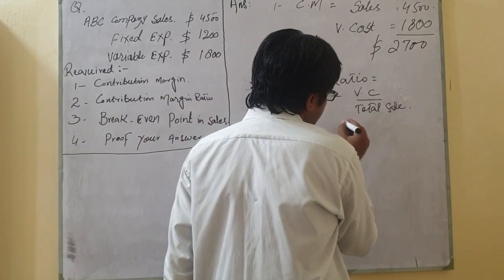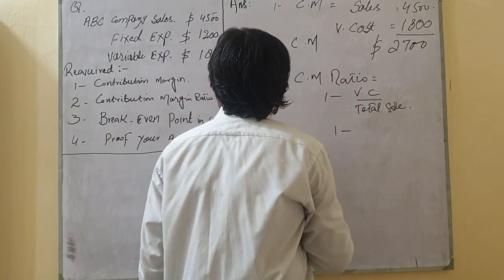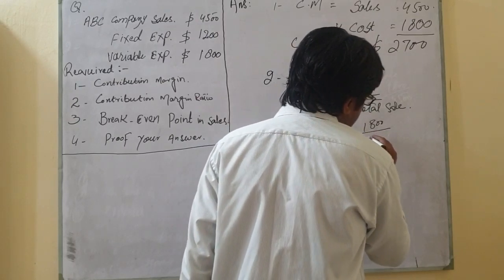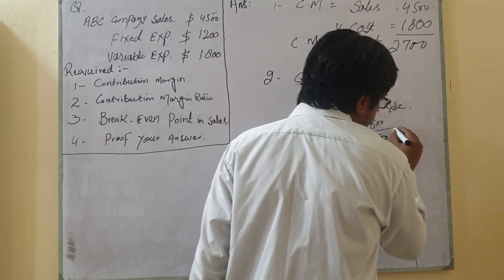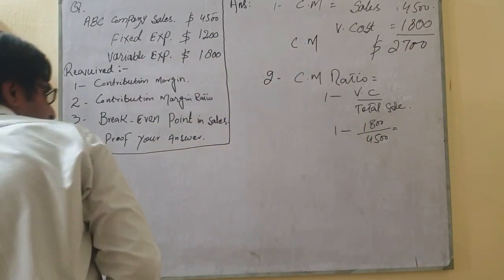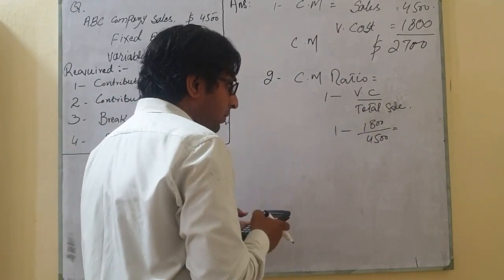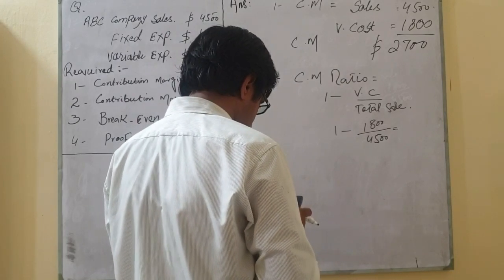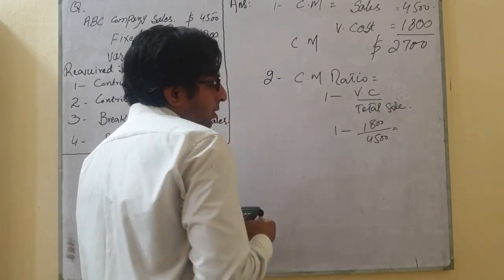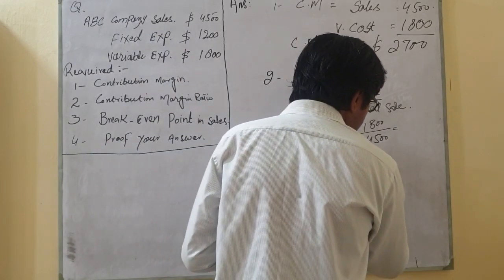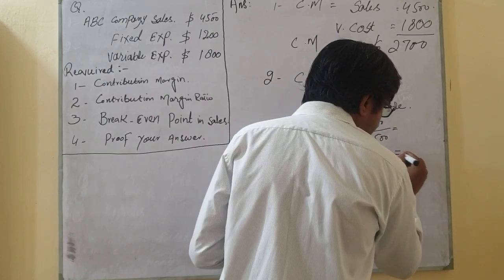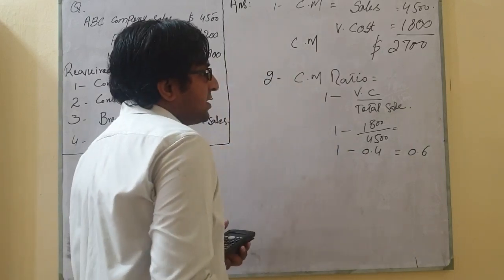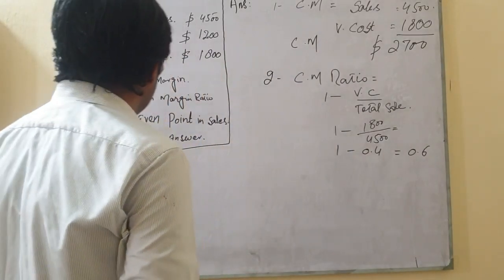In this case, variable cost is $1,800 while total sale is $4,500. So 1 minus 0.4 is 0.6, or we can say a 60% contribution margin ratio.